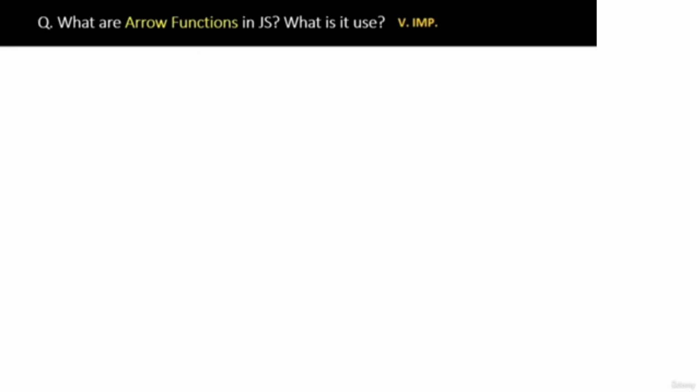What are arrow functions in JavaScript? What is their use? Nowadays, arrow functions are a very important part of any programming language. They are used everywhere in JavaScript applications. An arrow function is just a shortcut way of writing normal functions. Like in normal functions, we have a parameter list and a function body, right?